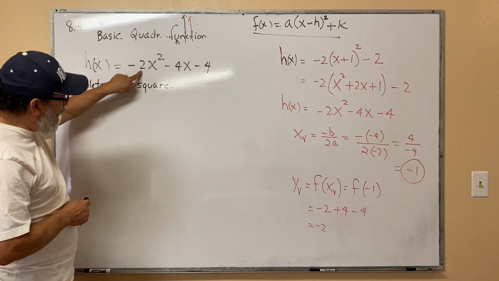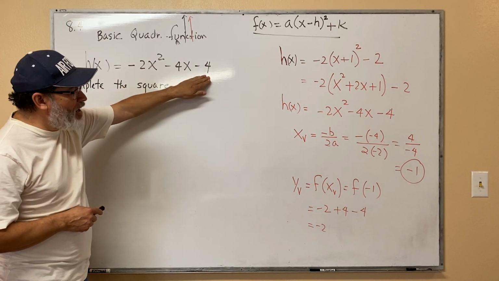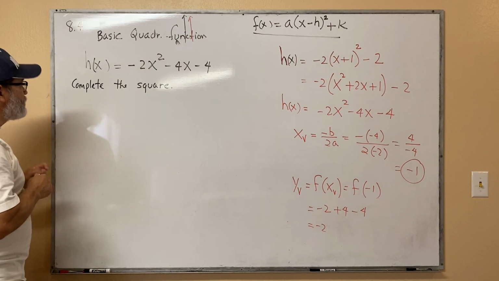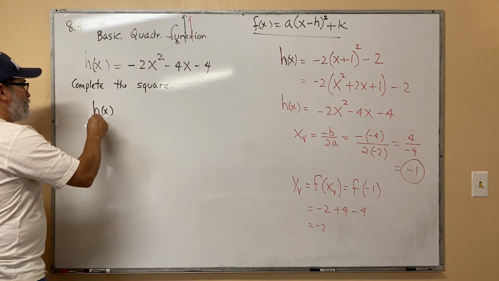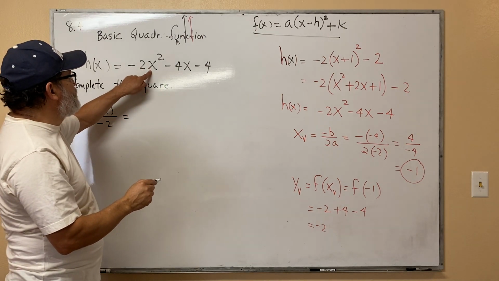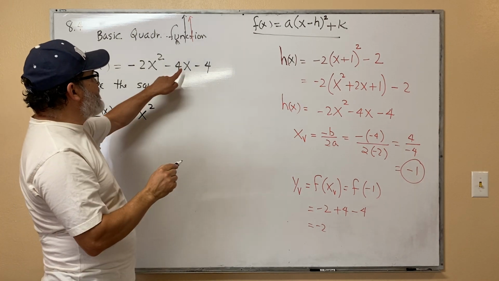How can I make this 1? Divide everything by -2. Divide this by -2. Divide this by -2.